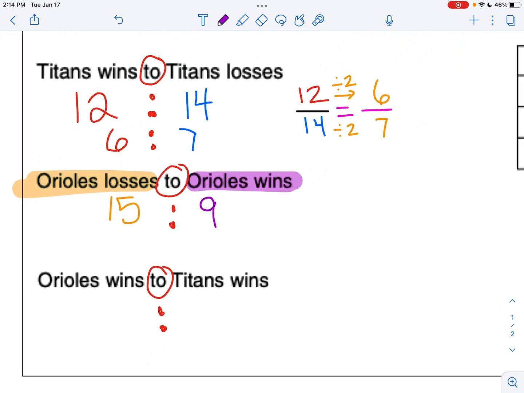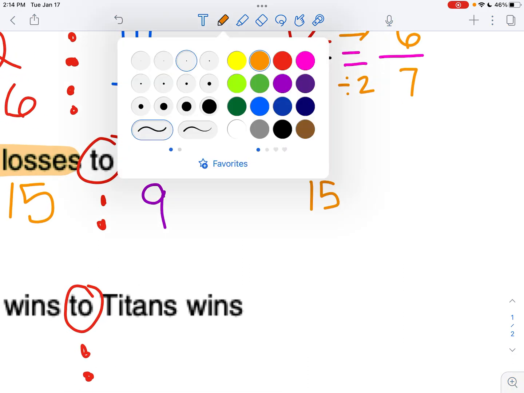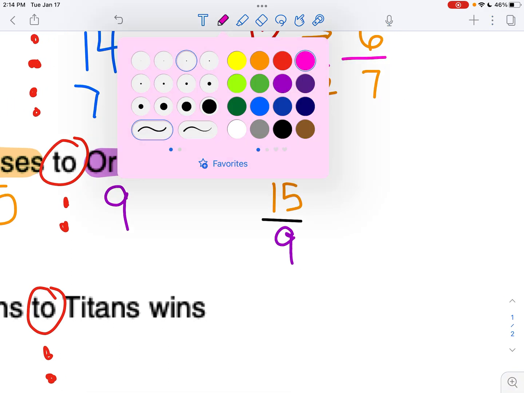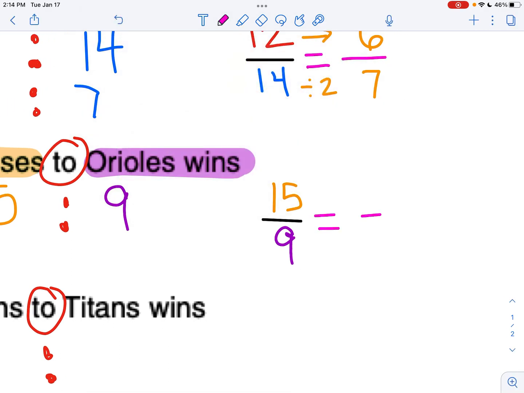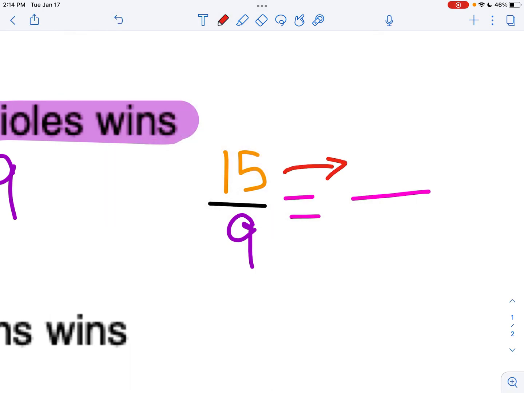And just like in the first problem, we're going to write it as a fraction and we can simplify. So we have 15 on top of 9. And this time I notice that they're both odd numbers, so I'm going to try to divide by 3.